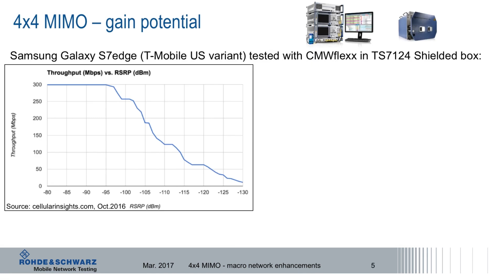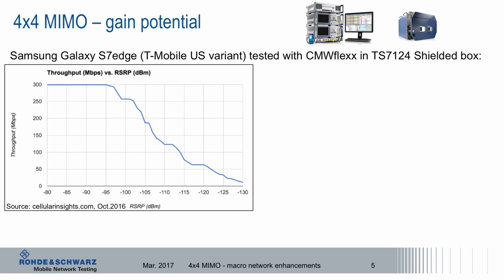So what is the real gain of 4x4 MIMO? What is the gain potential? And here we see a picture that has been made by cellularinsights.com, where you see in a controlled lab environment, you have a smartphone in a shielded box, and you have a test setup where you can control the coverage value, so the RSRP, the receive signal reference power here in dBm.